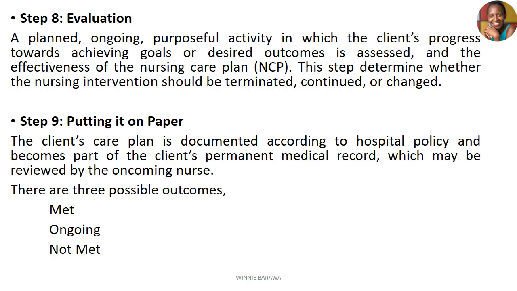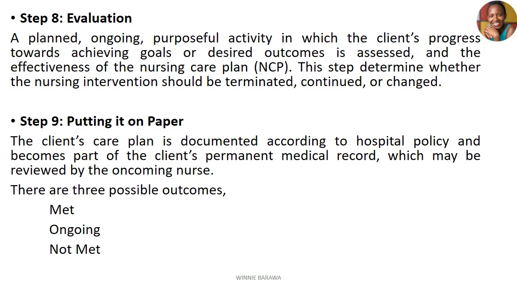This step will help to determine whether the interventions should be terminated, continued, or changed. So the evaluation level is a very important aspect because you're able to determine whether the interventions you need to either terminate, continue, or change. In some cases, you can use the evaluation findings to determine whether you can discharge your patient home or continue with management in the wards.